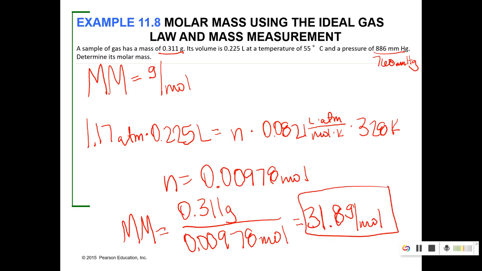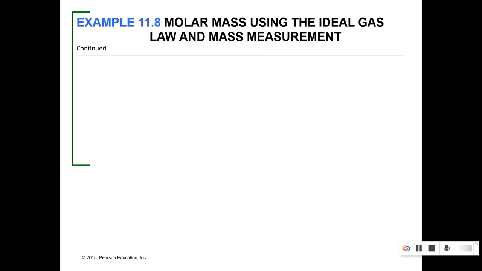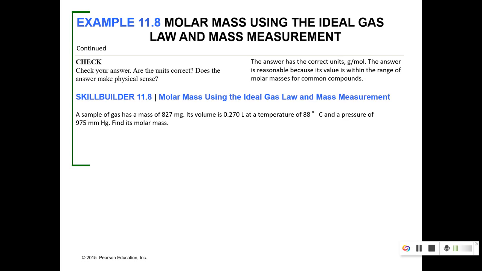Okay, so then if they ask me what sample of gas that was, we're looking at something that's either about that mass, which is sulfur, or it could be something that's diatomic, like oxygen gas. All right. This one, you're doing the same thing, except this one gives you milligrams instead of grams, so you have to convert it to grams. Remember, molar mass is always going to be grams per mole.